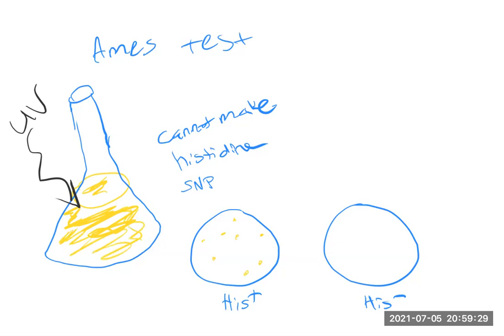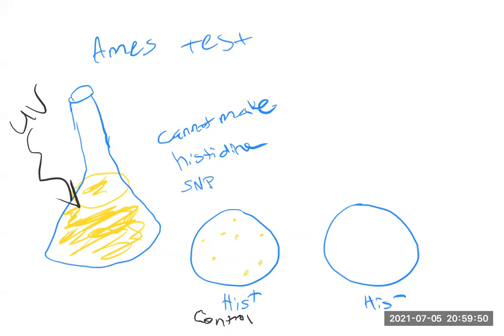So we expose the culture to UV light and we plate it to see if bacteria grow on the histidine plus media, which they should. This would be the control. And then we also observe whether or not bacterial colonies show up on the histidine minus.